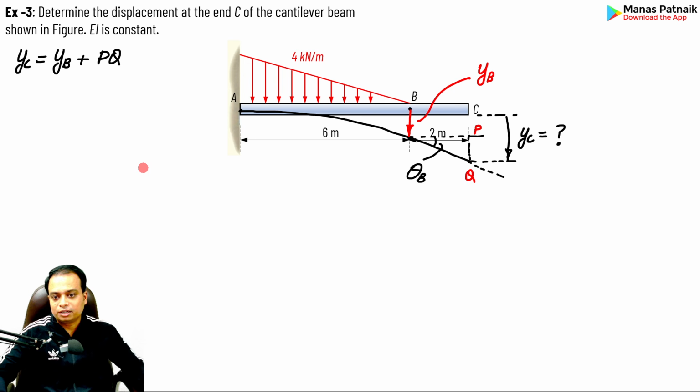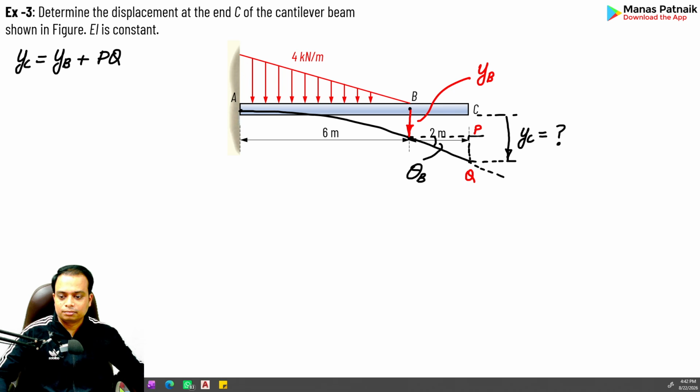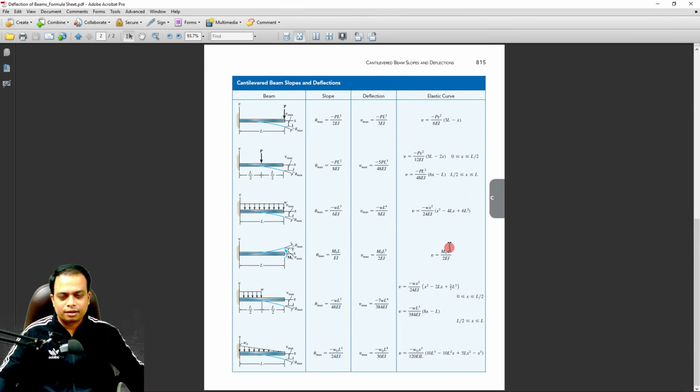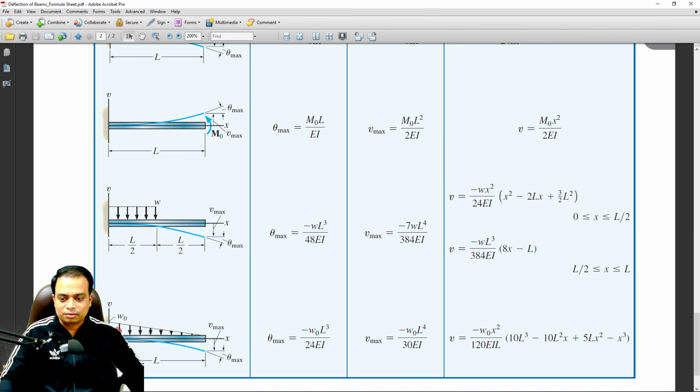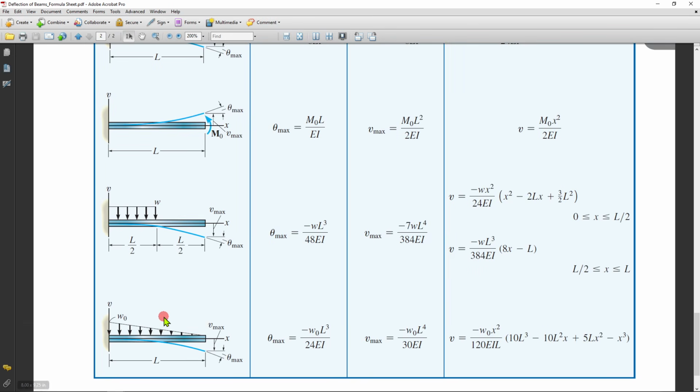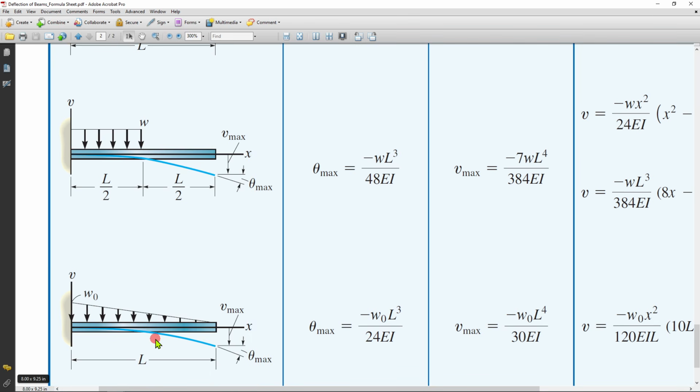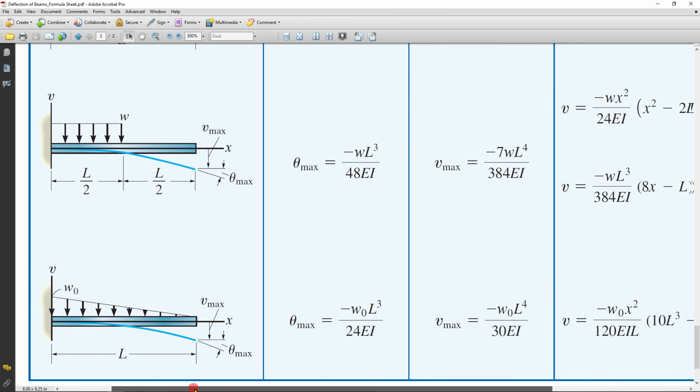Have a look at this formula sheet for a cantilever beam and try to identify. Isn't this a case of a uniformly varying load? Give me a moment. This is a case of uniformly varying load, isn't it? Let me zoom in further. So what do we want?